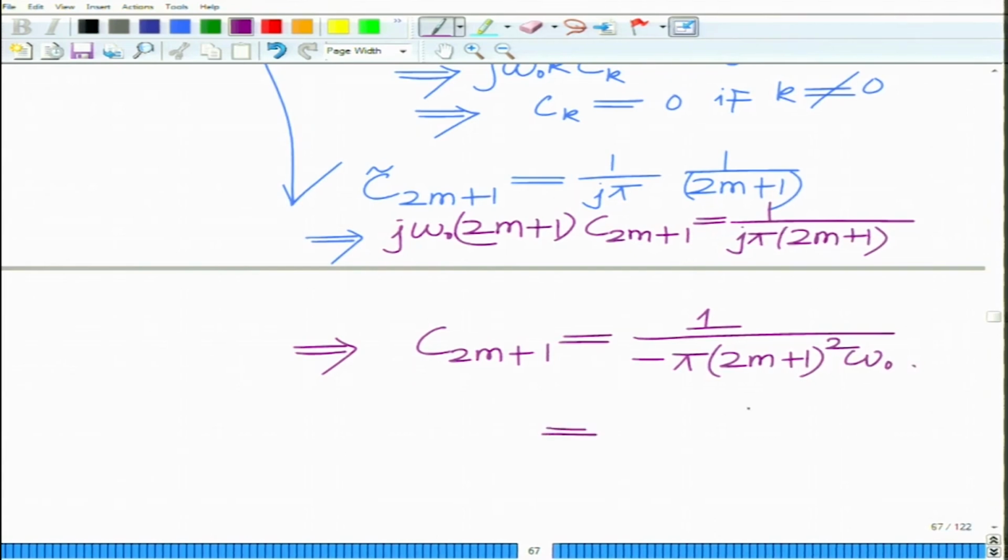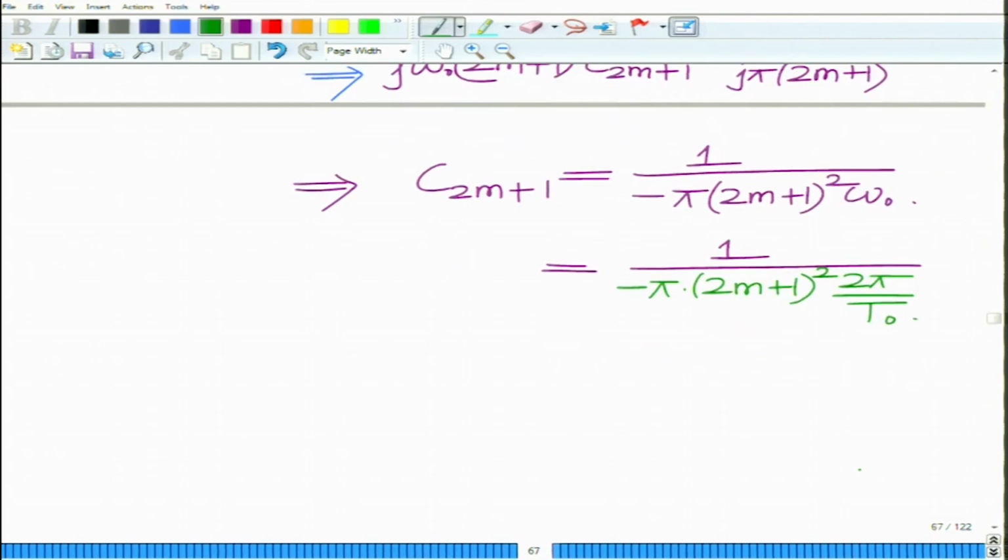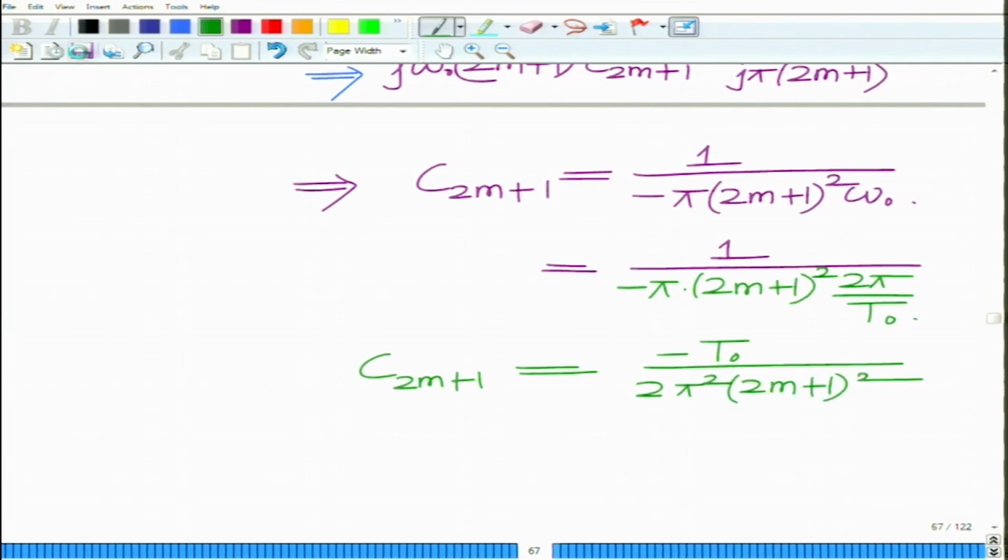This can further be simplified as 1 over minus pi (2m plus 1) square omega naught, and remember omega naught is 2 pi by T naught, which implies that c of 2m plus 1 equals minus T naught over twice pi square (2m plus 1) square.